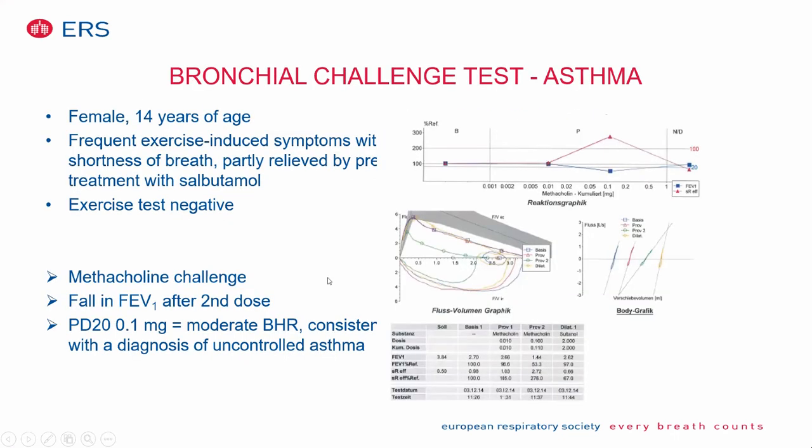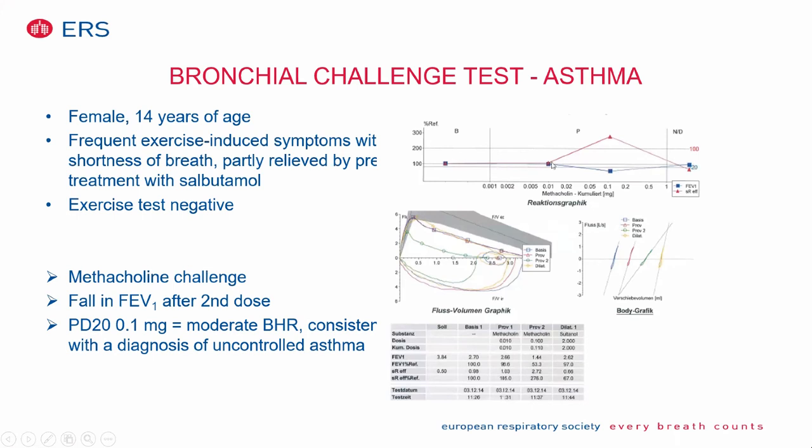In a protocol, this will look like this. Here you have on the right-hand side upper panel the methacholine protocol, baseline measurement, first step of provocation, second step of provocation, and then the bronchodilator test afterwards. The blue line represents FEV1 in percent predicted, 100% at baseline, drop at the second inhalation, and then recovery after bronchodilation.